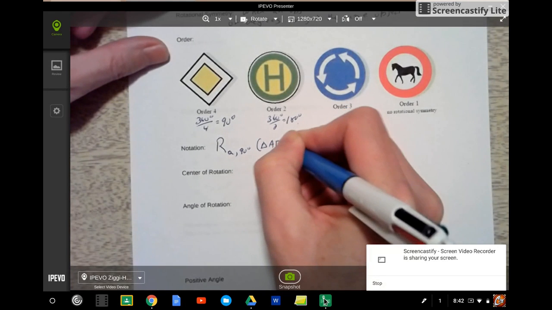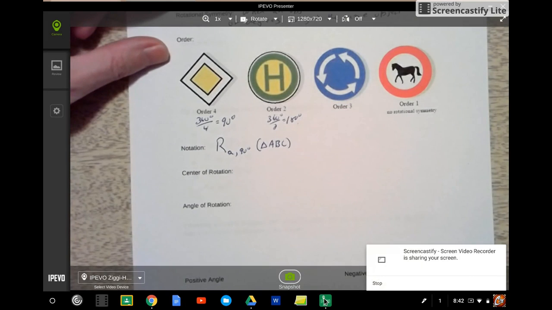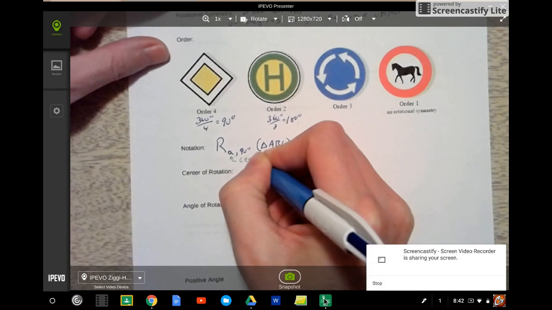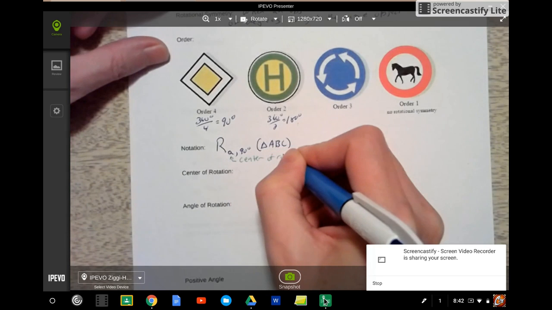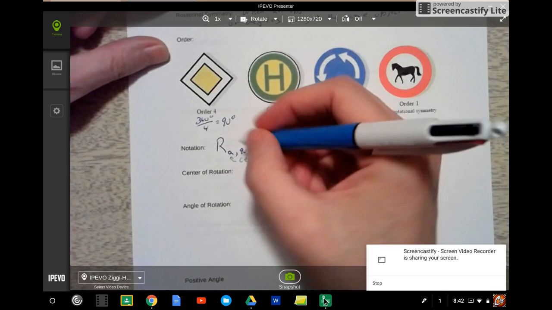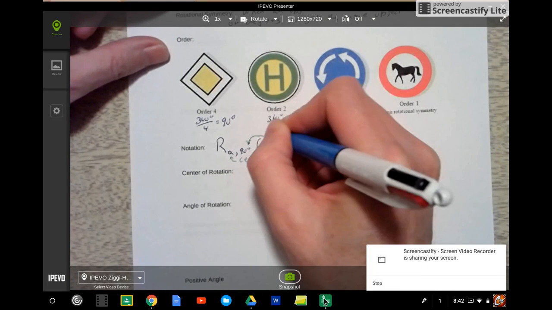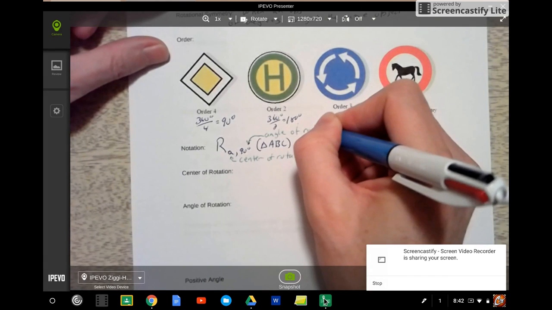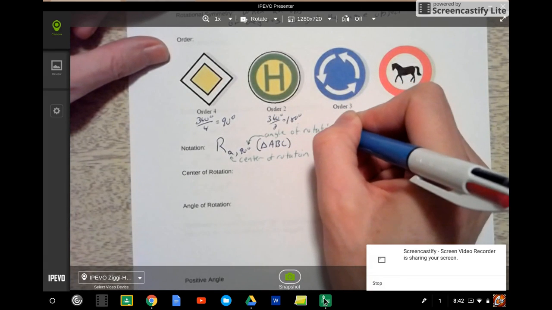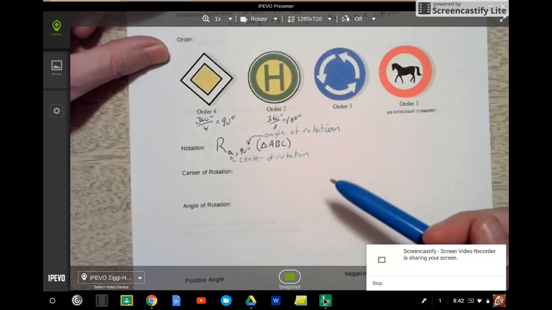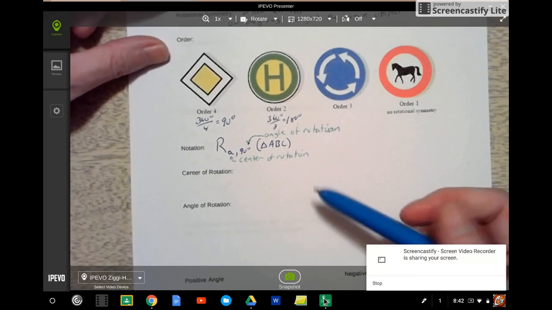Maybe it's triangle ABC. So this is my center of rotation. And then the degrees is my angle of rotation. And we have to know these things to be able to rotate things, kind of like we needed to know the line of symmetry or the line of reflection for reflections.